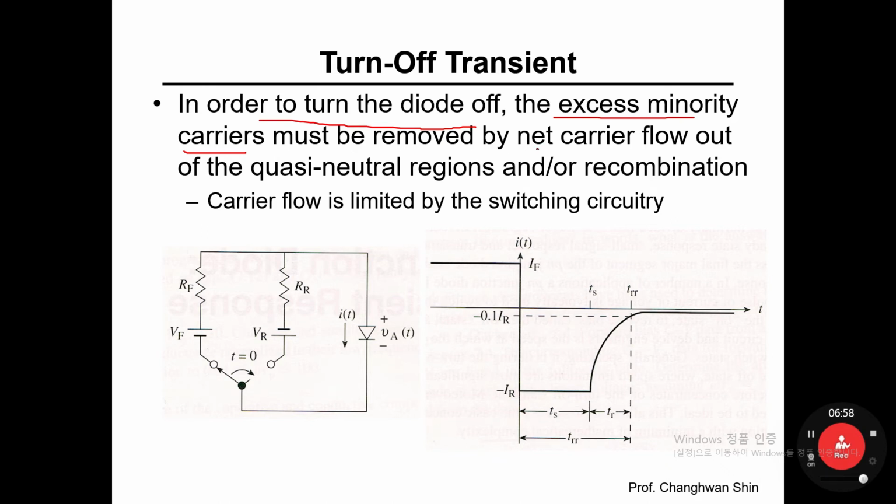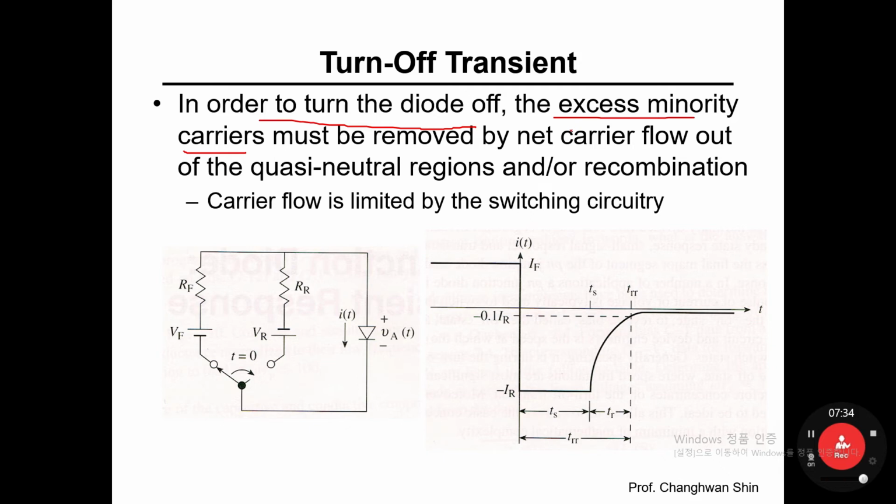Yes, we should flow a certain amount of current. I mean, the stored excess carriers should be moved out. So the movement of excess minority carriers itself would provoke a certain amount of current. By flowing a net carrier flow out of the quasi-neutral regions, we can claim that the excess minority carriers stored in the quasi-neutral region are completely removed.